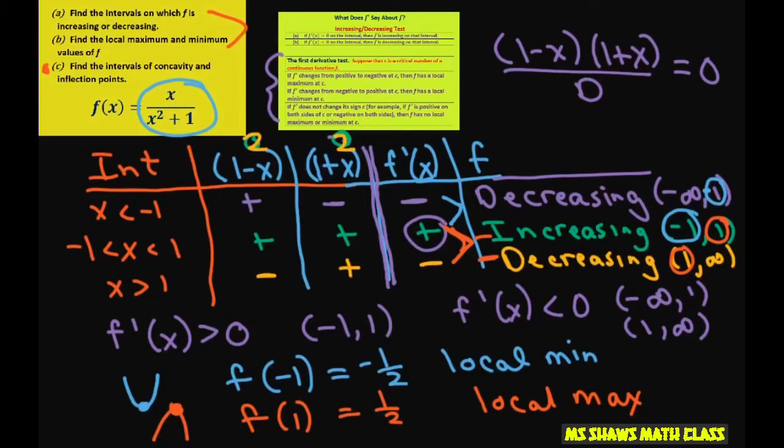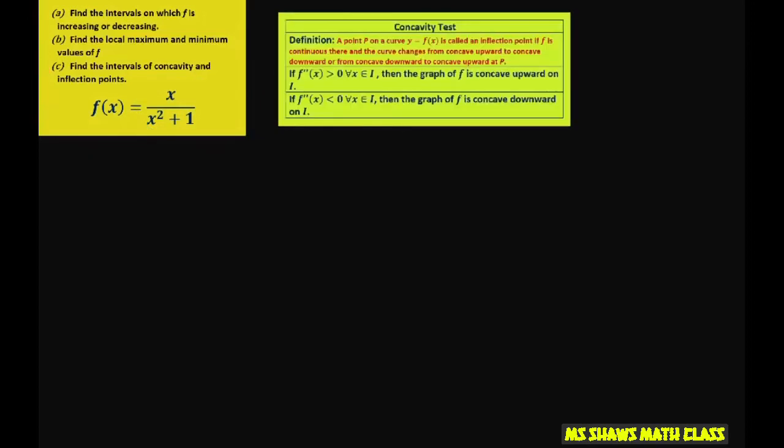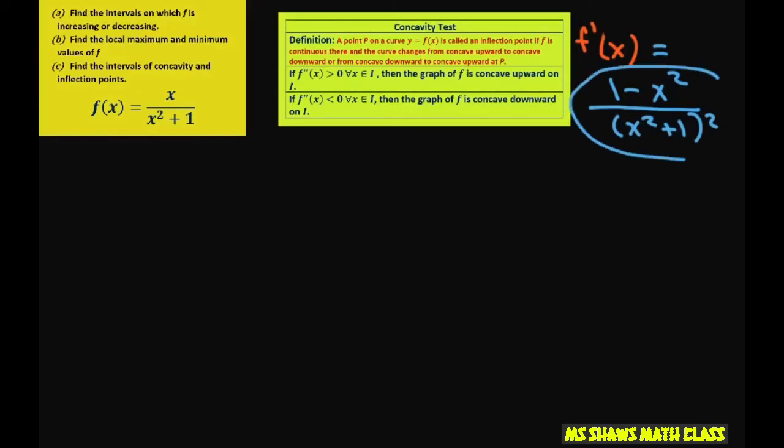So we're going to take our first derivative, f prime of x, which was 1 minus x squared divided by x squared plus 1 squared. Now we have to take the derivative of this using the quotient rule.